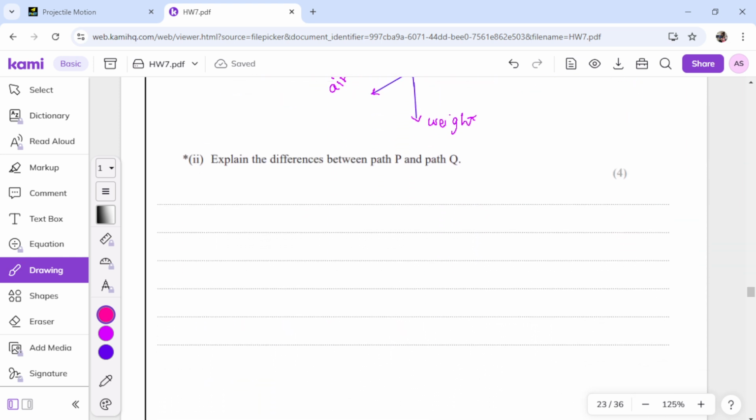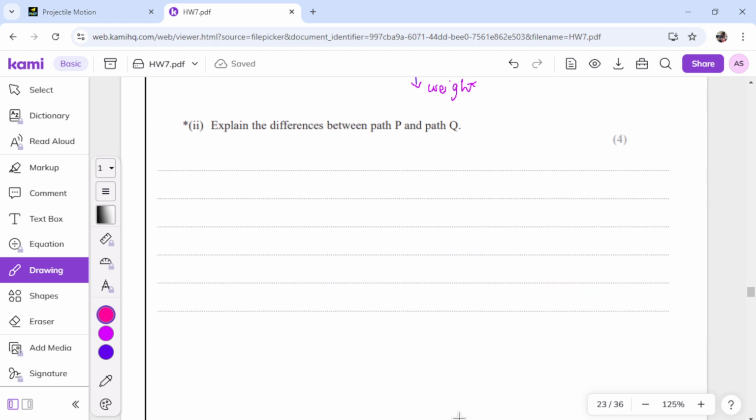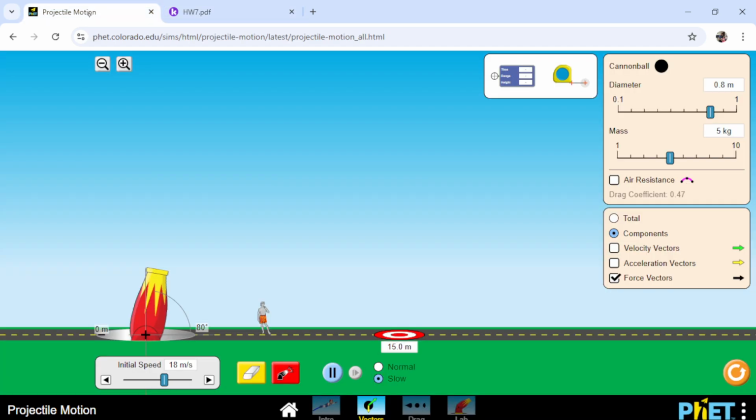To start with the horizontal forces, I have to show you what happens if we have air resistance and if we don't. For example, if we don't have air resistance, as you see, a single force affects the ball, which is the gravitational force, and this is vertical downward only.